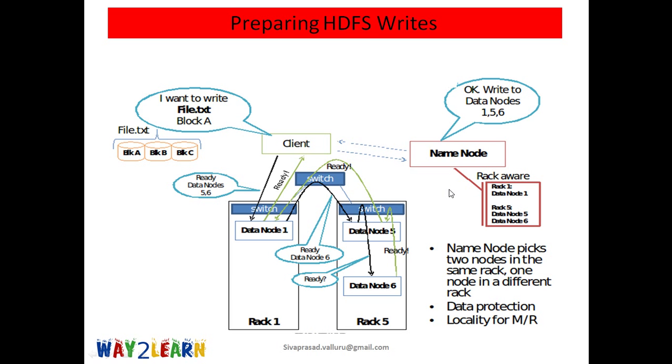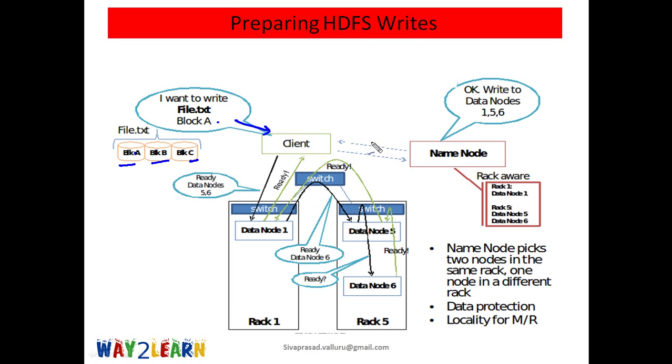the flow. Let me just tell the flow again. Whenever we want to write file.txt, we give the file.txt to the client. Client will split my file into blocks and it will pick the first block.